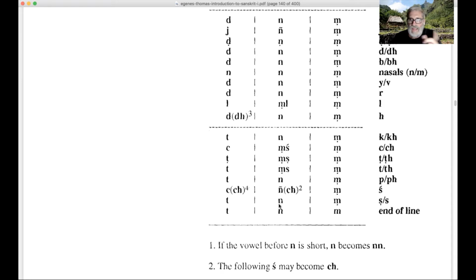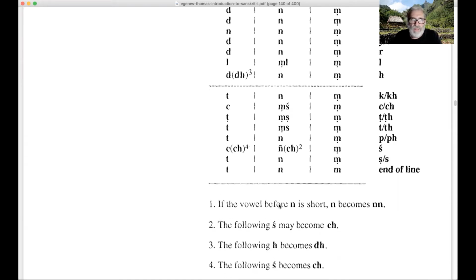The following S, he's saying, may become, optionally, CH. So it's going to become nych, it's going to be CH.